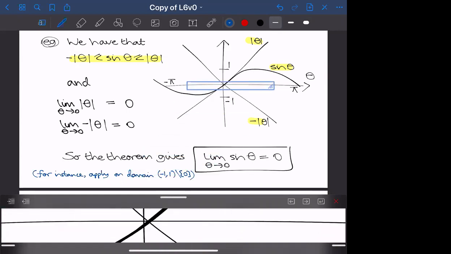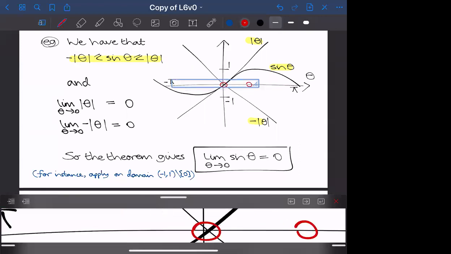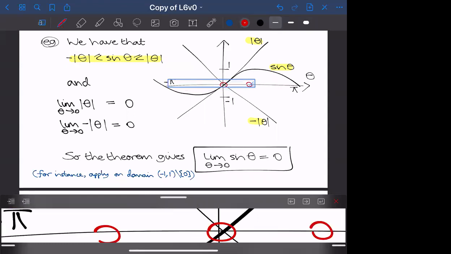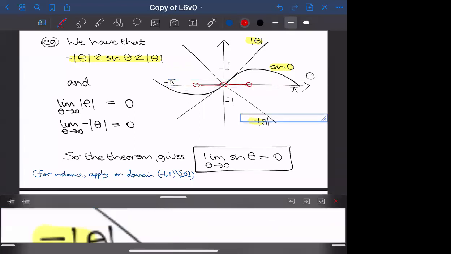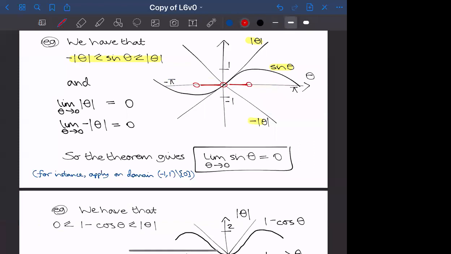So let me draw that in here. -1 to 1 with 0 removed like that. So that's one example of how a function sine theta can be sandwiched between two other functions.